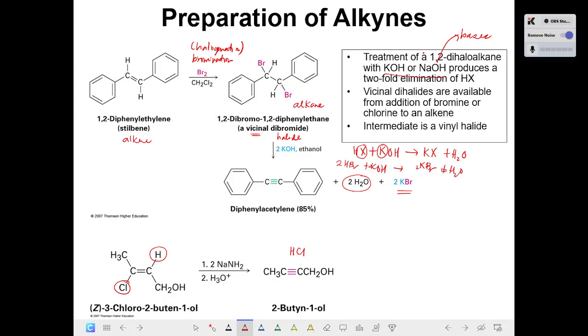Okay? So, again, treatment of this compound with KOH or NaOH produces a twofold elimination of HX, and vicinal dihalides are available. Ito. So, ito ay pwede mong ma-create from addition of bromine or chlorine to an alkene. So, ito yung pinakita natin.